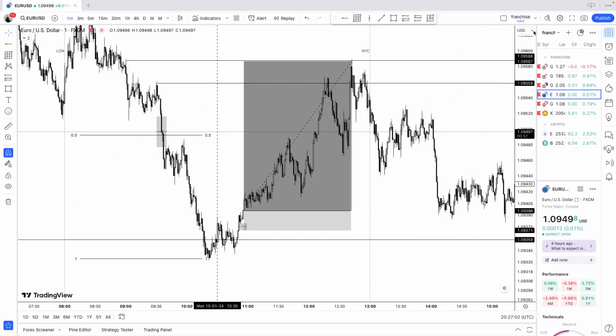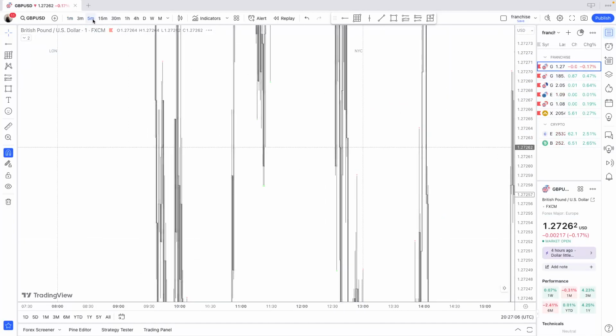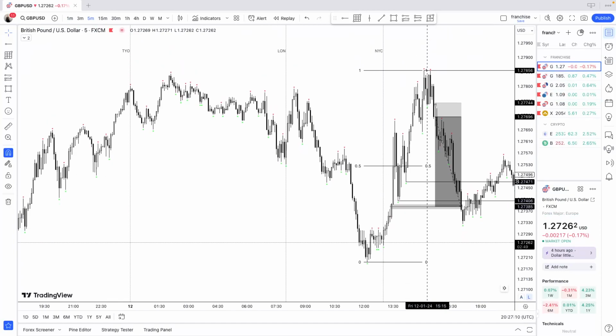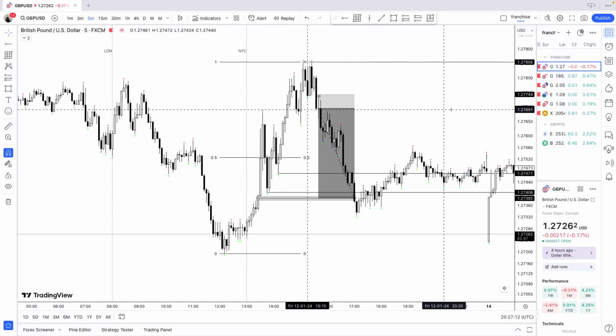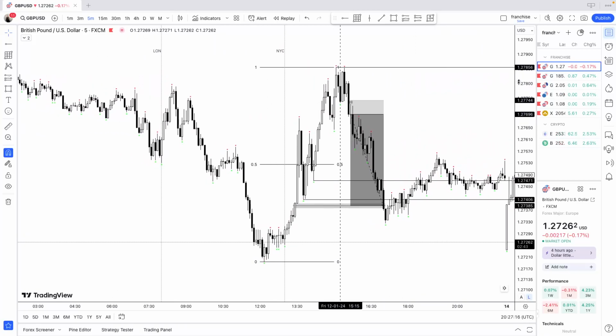So that's Euro USD. We'll do GBP USD. GBP USD was a short setup in New York.